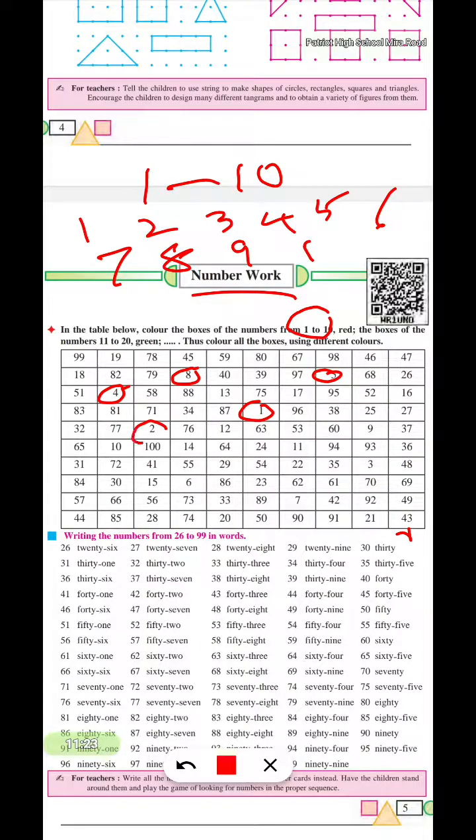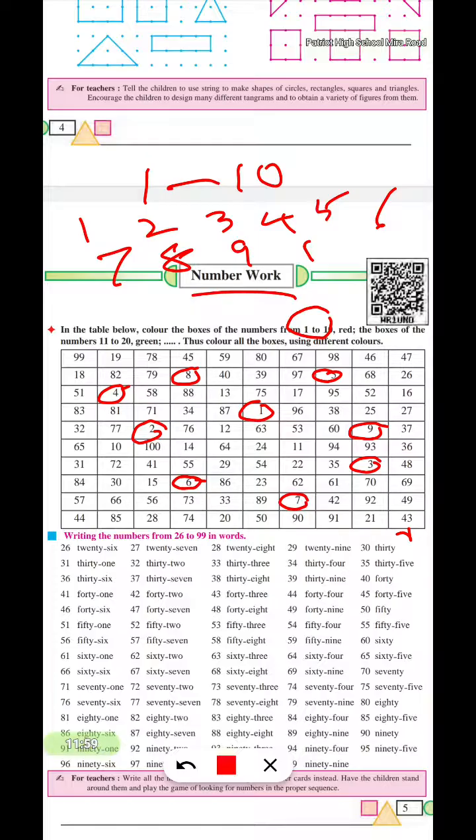Fifth row, 2. 9. Sixth row, not a single. Seventh row, 3. Eighth row, 6. Seven. Then you have here not a single in the last row.